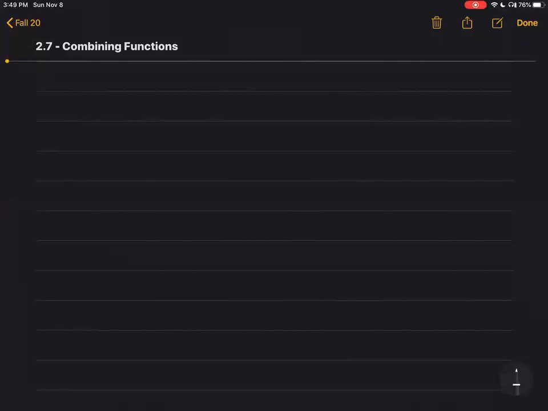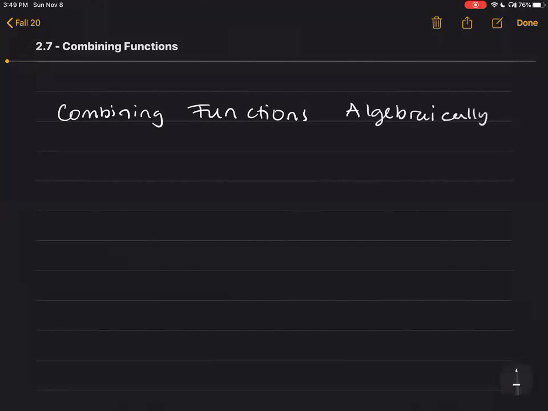Let's look at algebraic combinations first. Combining functions algebraically. All right, so let's get our setup all straightened out here first.